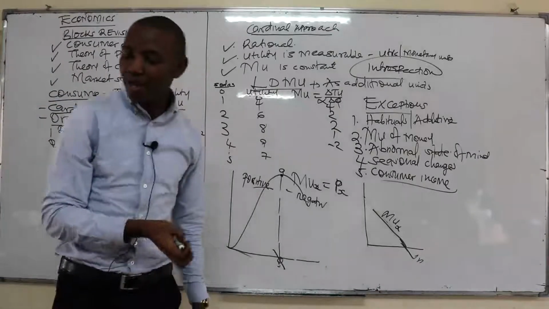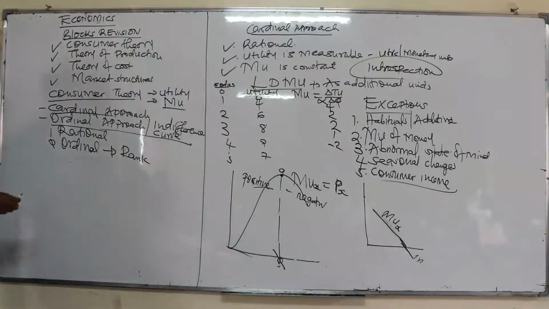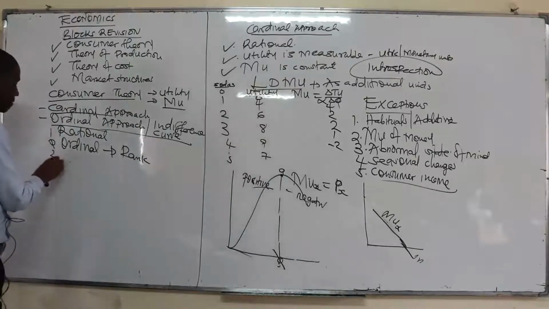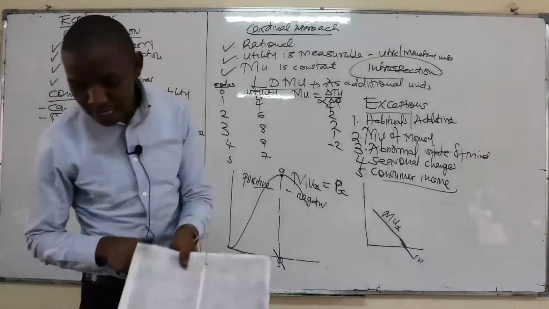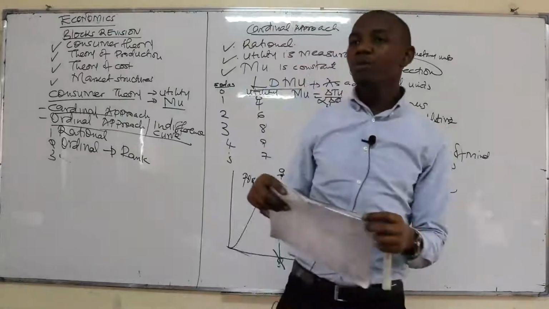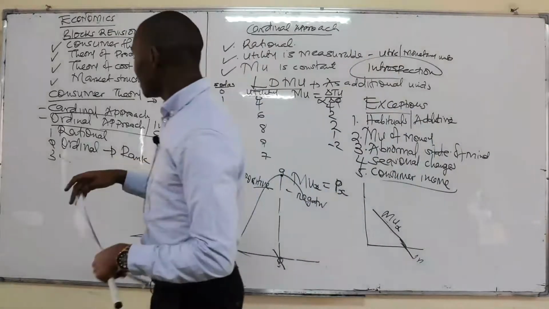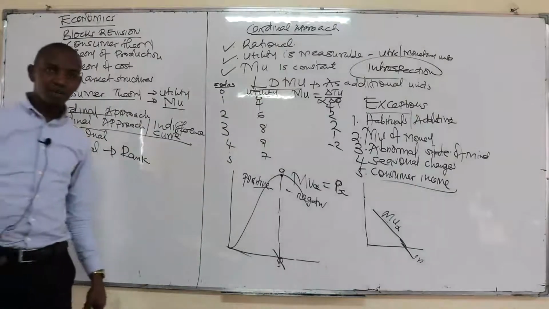The other one is that utility depends on the number of units consumed. What we mean in this case is that the utility will depend on the quantities of the goods that you are consuming.